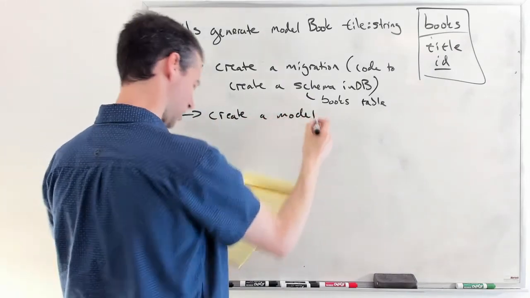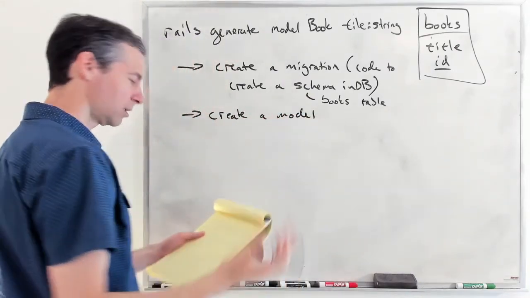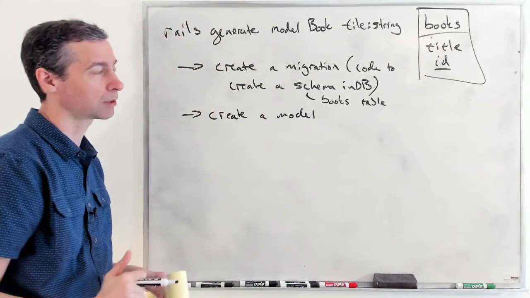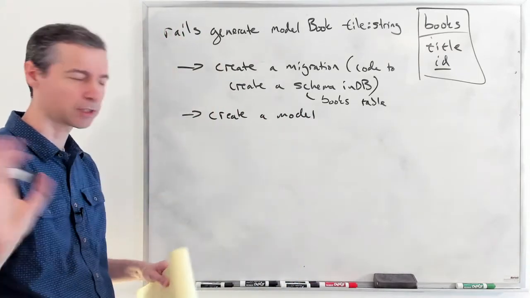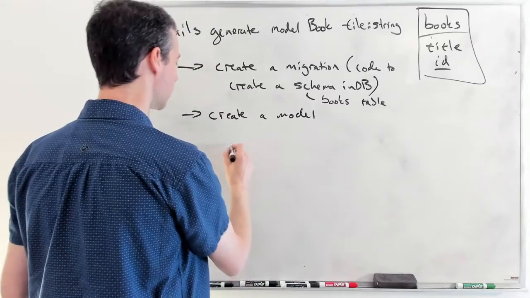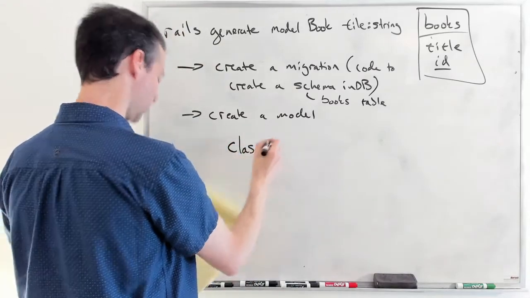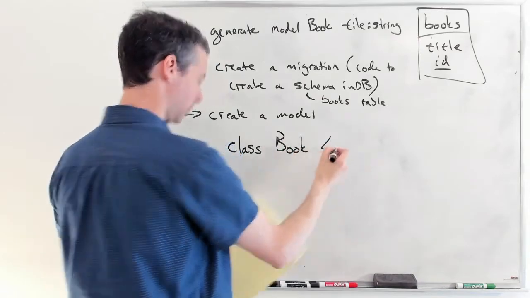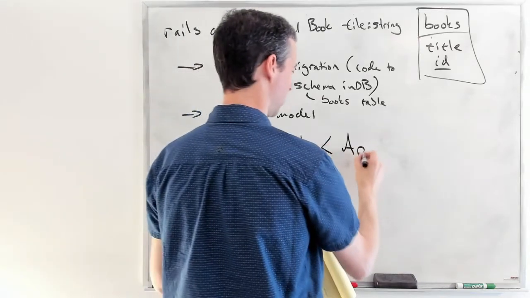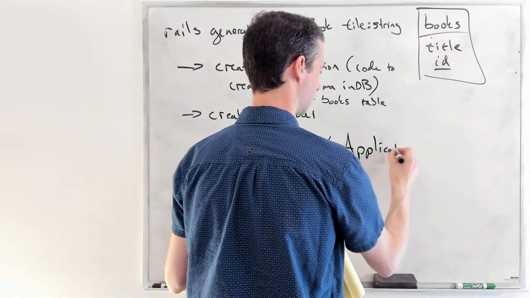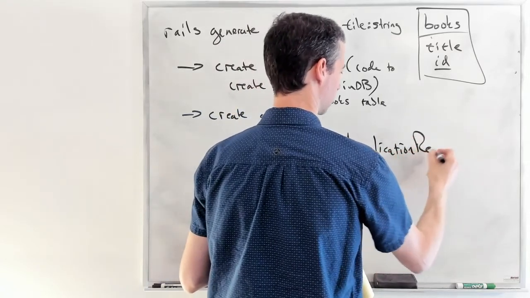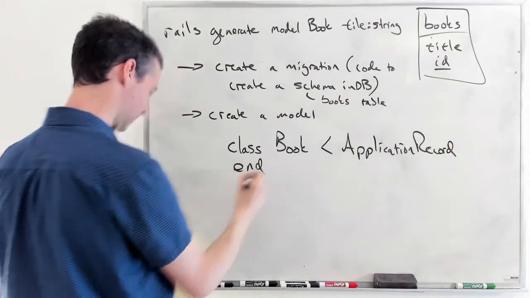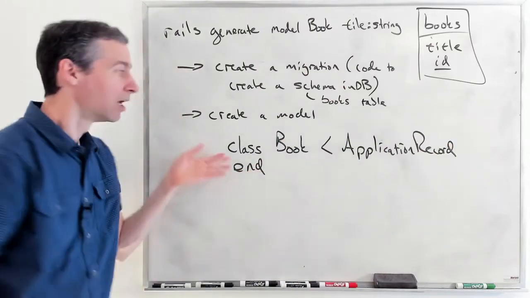And we're going to find this sitting in a file called probably book.rb in his directory, again, homework. But the only thing it will have in it for us at the moment is it'll say class Book inherits from ApplicationRecord, and then end. All right.